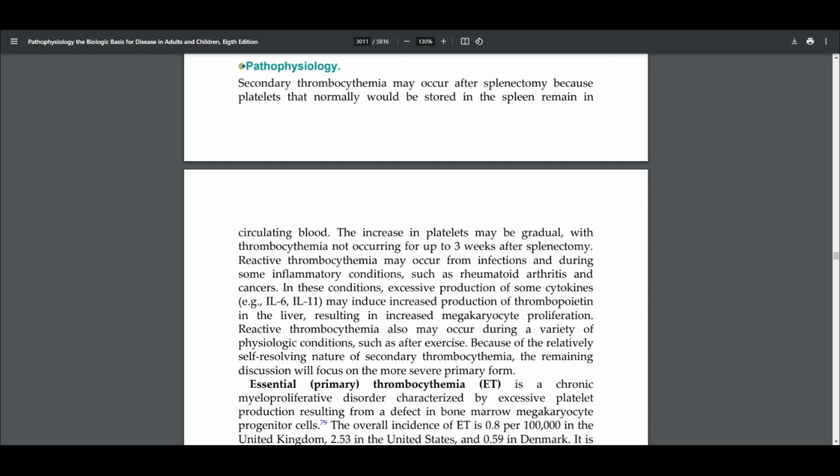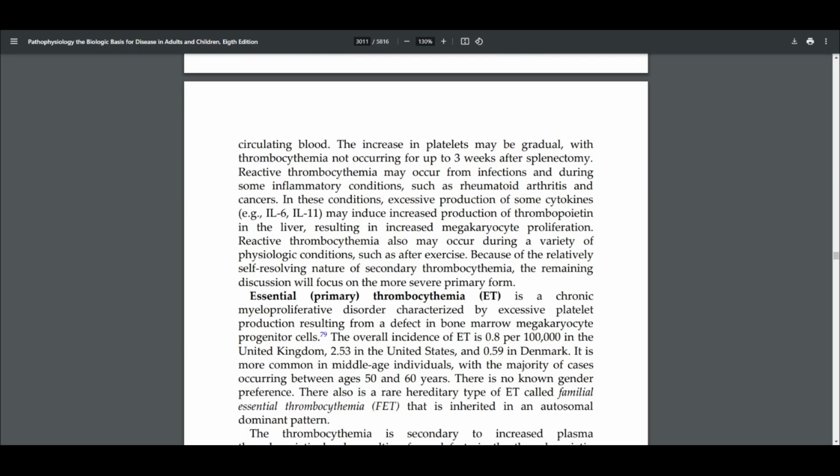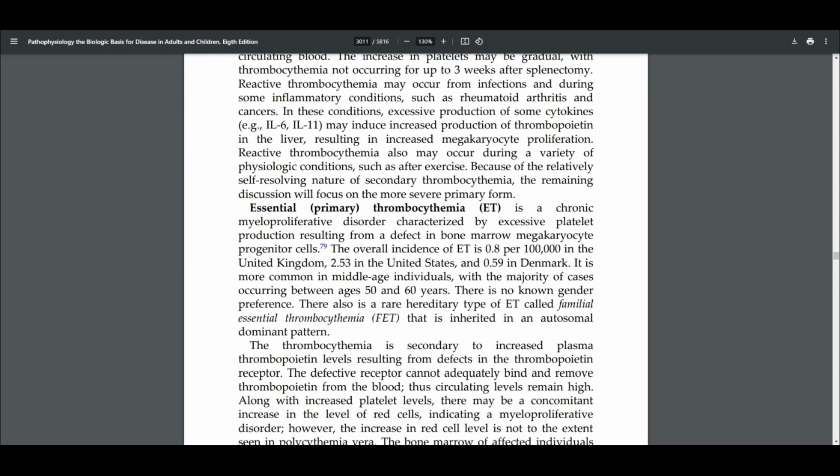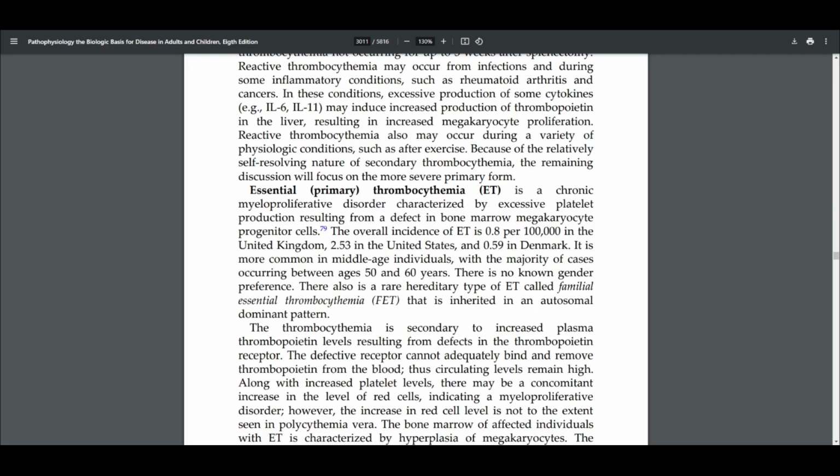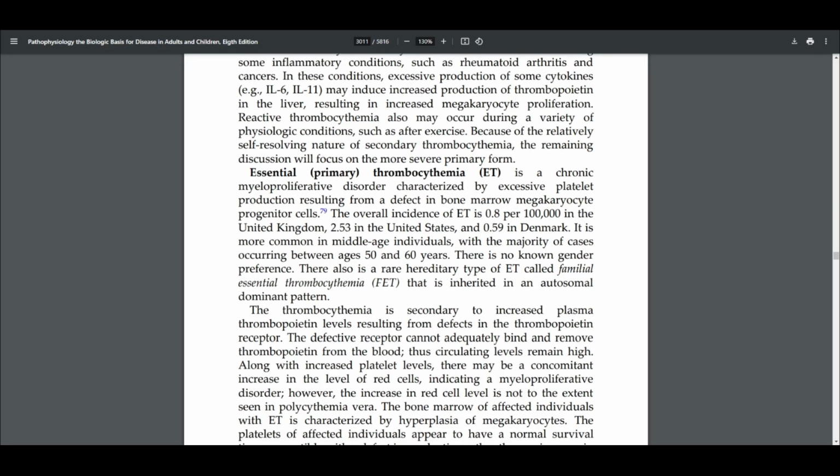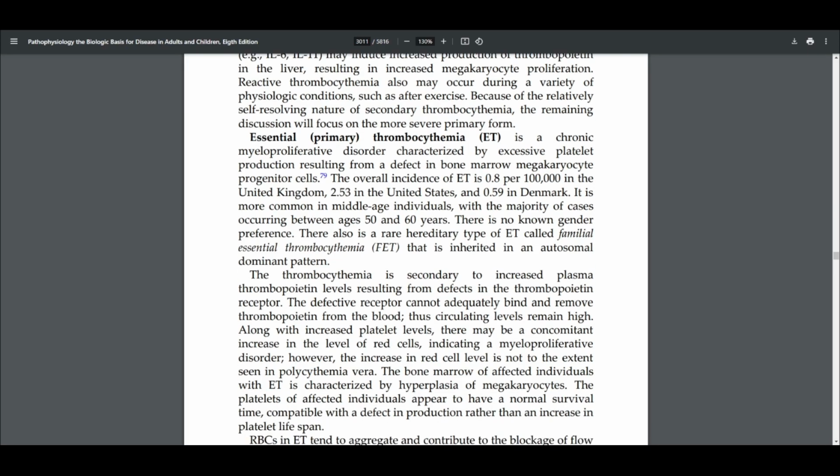In these conditions, excessive production of some cytokines may induce increased production of thrombopoietin in the liver, resulting in increased megakaryocyte proliferation. Reactive thrombocythemia also may occur during a variety of physiologic conditions, such as after exercise.